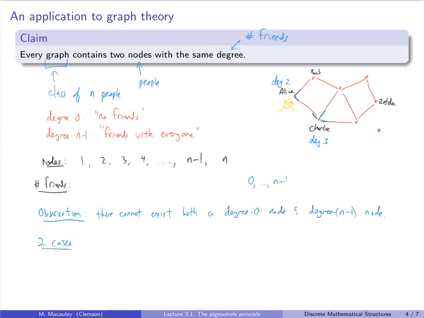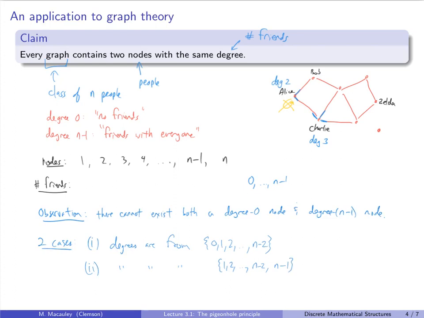not mutually exclusive. The first case is that all of the degrees are from the set 0, 1, 2, all the way up to n minus 2, or case 2 is that all of the degrees are from the set 1, 2, up to n minus 2, or n minus 1.